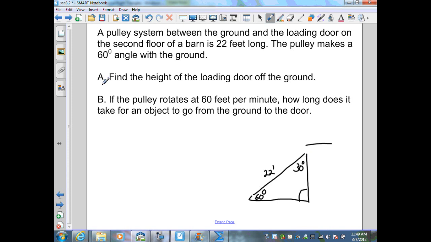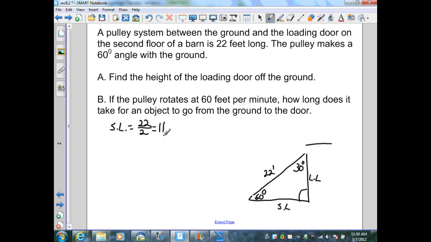Part A, they want me to find the height of the loading door off the ground. Well, in a 30, 60, 90 triangle, the loading door is identified as my long leg. Therefore, since I'm given the hypotenuse, I need to find my short leg first and then find my long leg. Recall from my formulas, my short leg is going to equal my hypotenuse, which is 22, divided by 2.